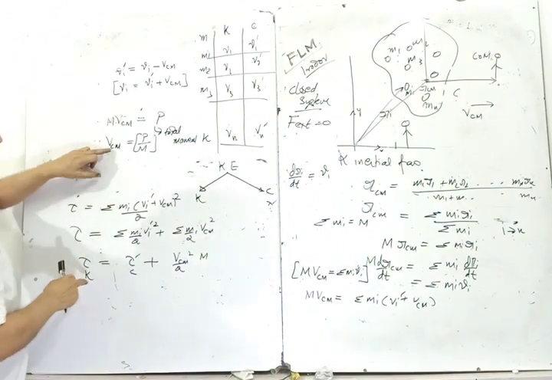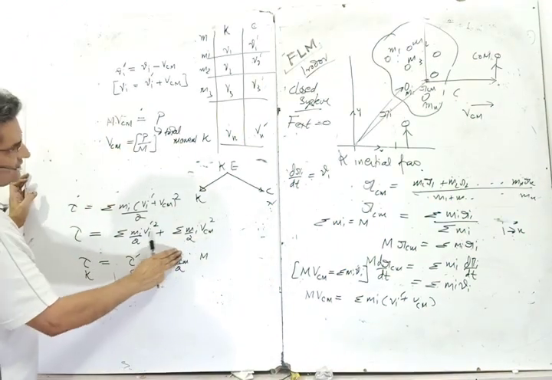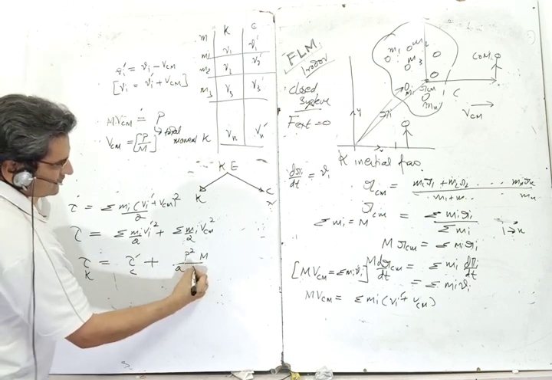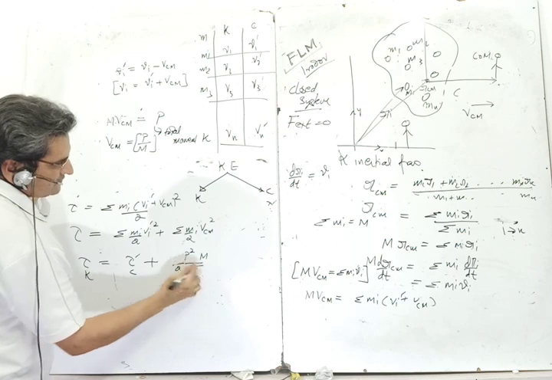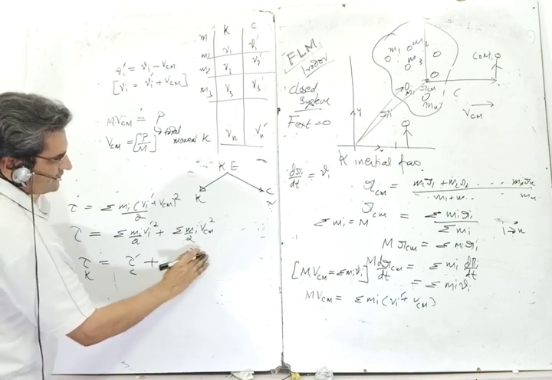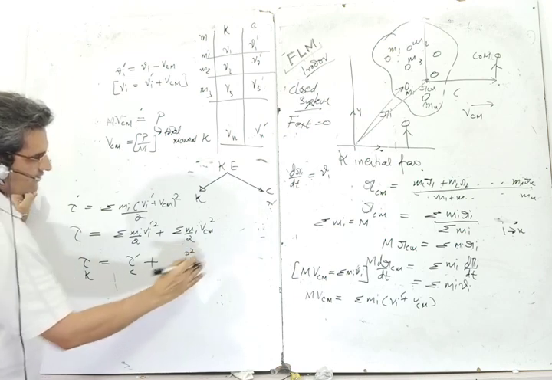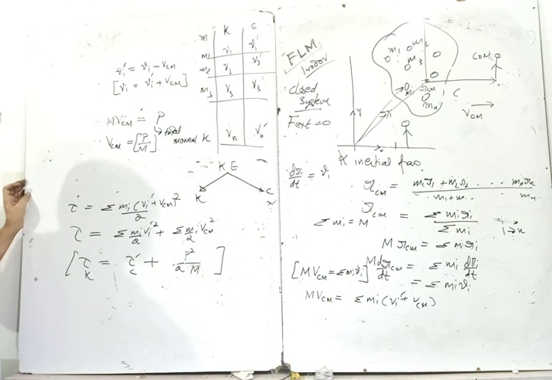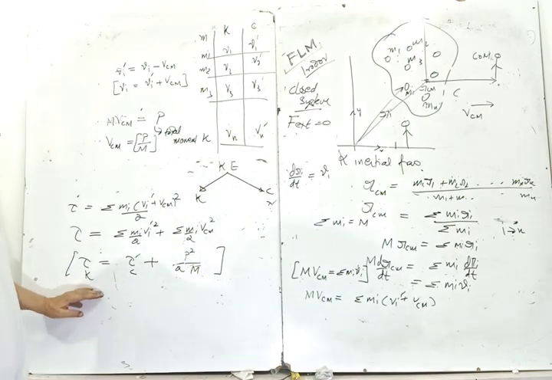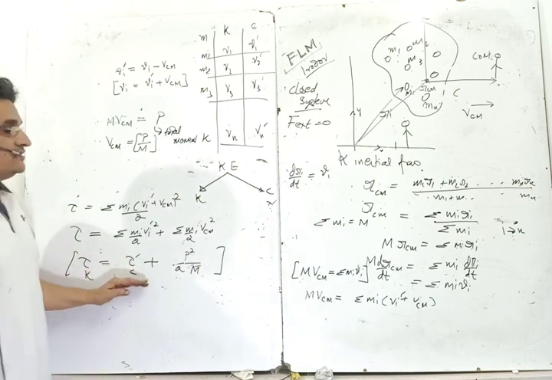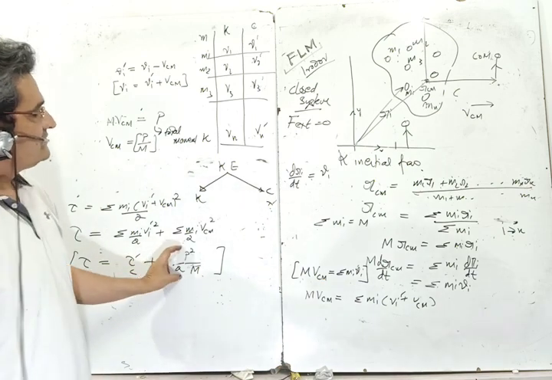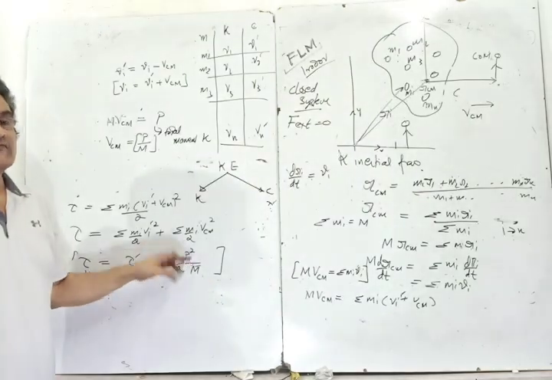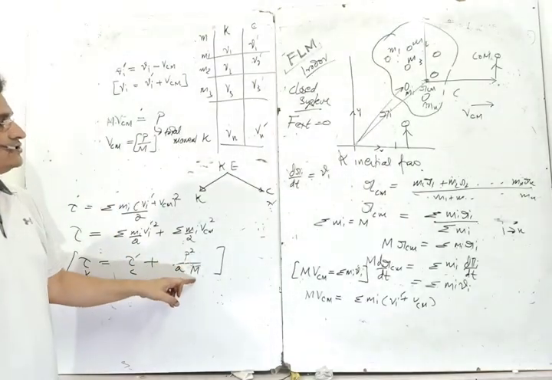So if I put the value of V center of mass here, it becomes p square upon m square, and I can replace this m and it becomes p square upon twice m. This is a very, very important relationship. Kinetic energy in K frame is equal to kinetic energy in C frame plus the square of momentum in K frame, which remains constant, upon total mass.